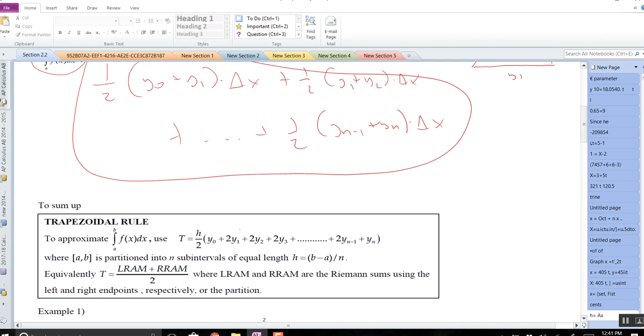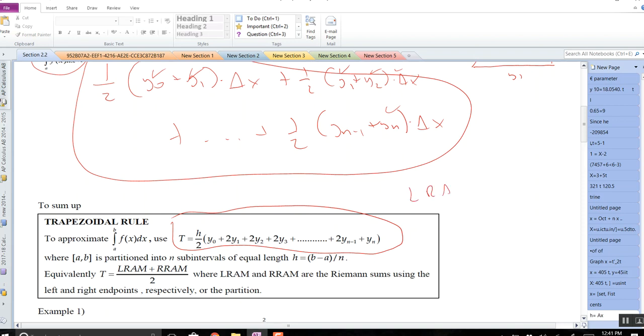To consolidate all this, we can recognize that y1 happens twice here, y2 also happens twice, but y0 and yn only happen once. So the trapezoidal rule can be expressed more succinctly like that, where your height, delta x, is (b minus a) over n. Interestingly, if you average LRAM and RRAM, you get the same thing.